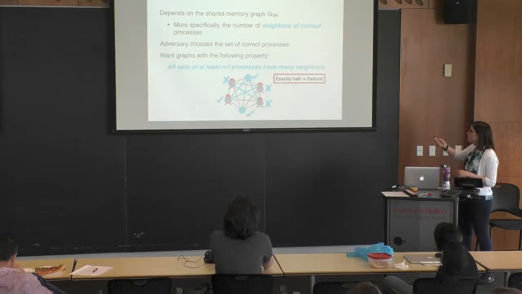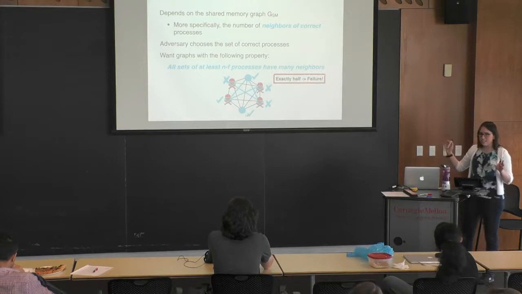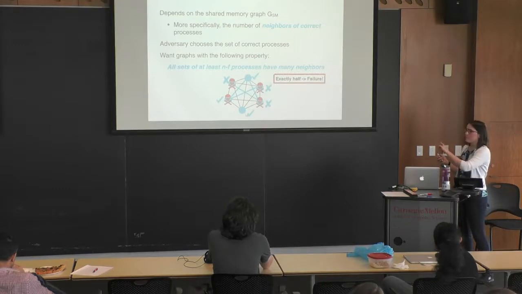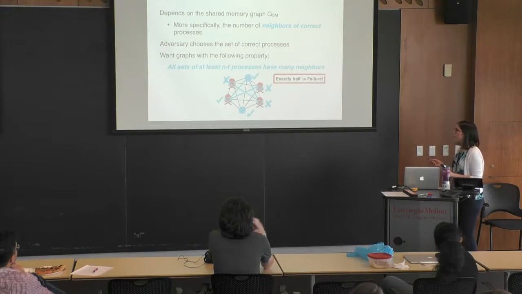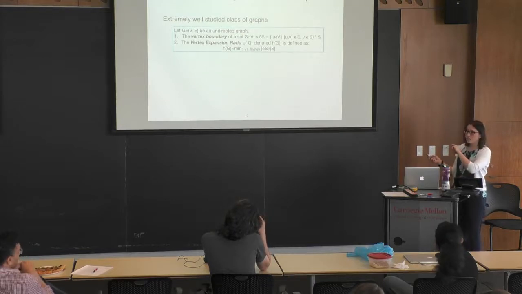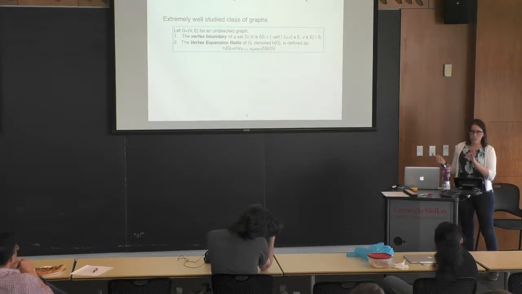In particular, we want to say that for any set of F processes that the adversary picks to crash, the remaining N minus F processes have a lot of neighbors. There is a formal way of expressing this, related to a concept called expansion in graphs.